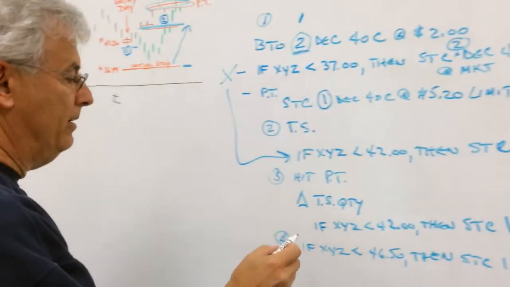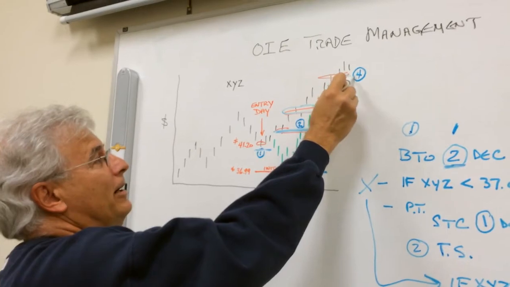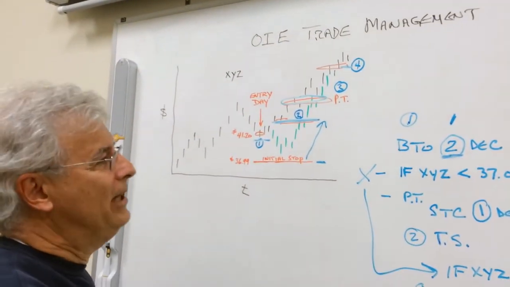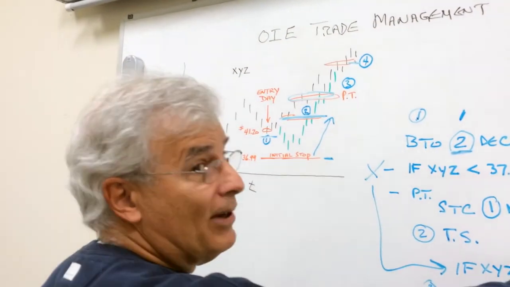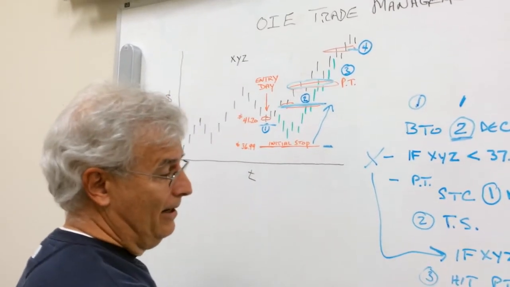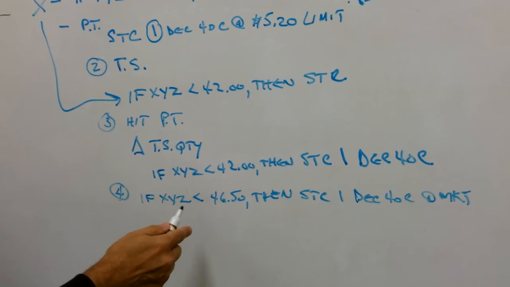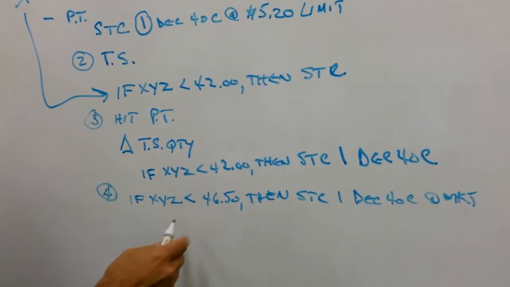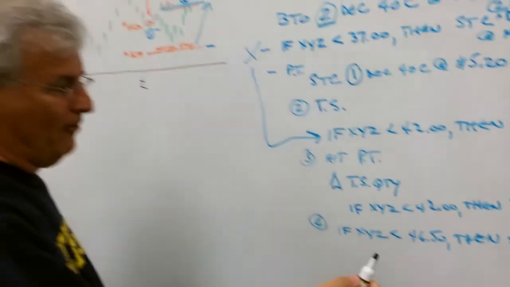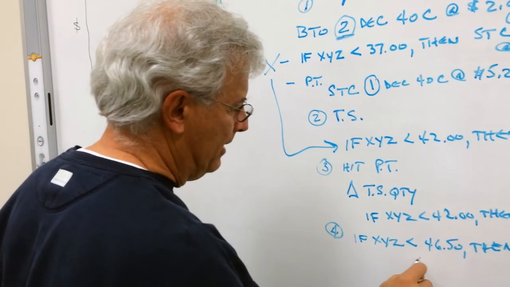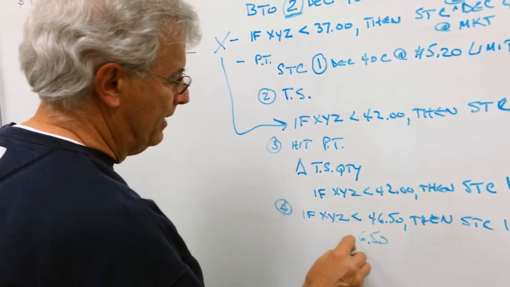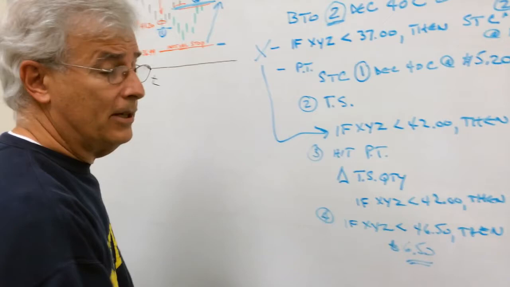And at that point, you're very happy. If you get stopped out here, you're very happy because you sold half at 5.20 at the profit target with the stock at 46.50. The price of that option, remember, there's still a lot of time value left in this option. It's probably going to be more like $6.50 for that second half position.